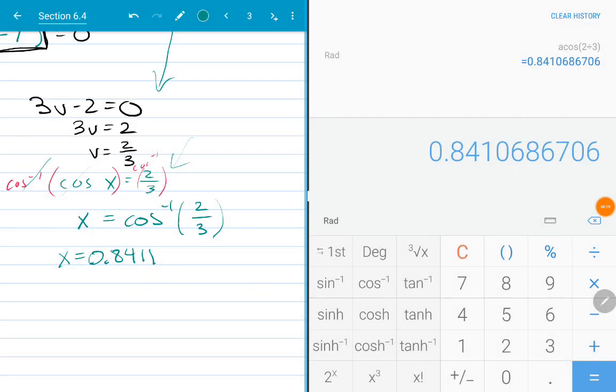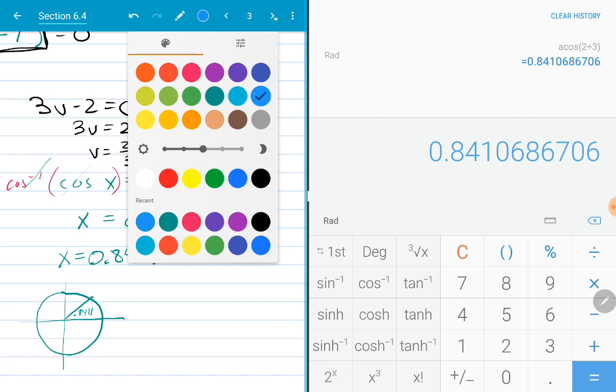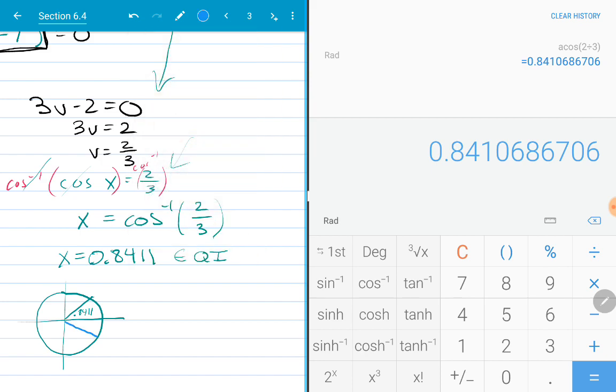Now I need to think logically about where that other solution could be. The unit circle has 2 positions where the cosine is equal to 2/3. We just found from the calculator that one of them is at 0.8411. This is in quadrant 1, right? It's less than pi over 2 and greater than 0. So its buddy is going to be right across the x-axis, symmetric.